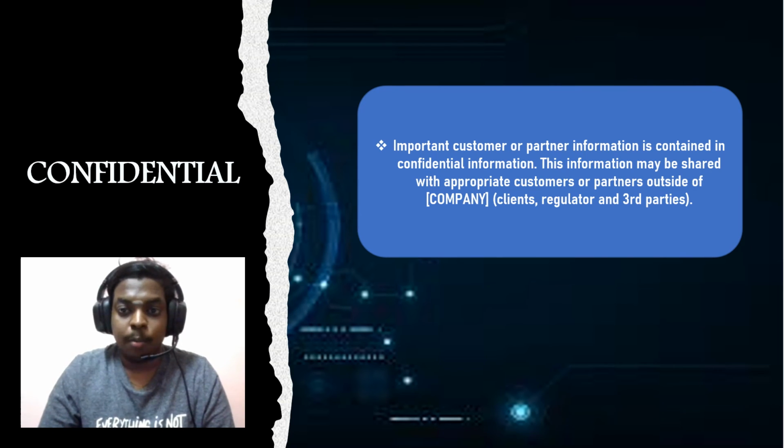Important customer or partner information is contained in confidential information. This information may be shared with appropriate customers or partners outside of the company, clients, regulators, and third parties. Always exercise appropriate caution and care. By definition, all customer information is considered confidential.